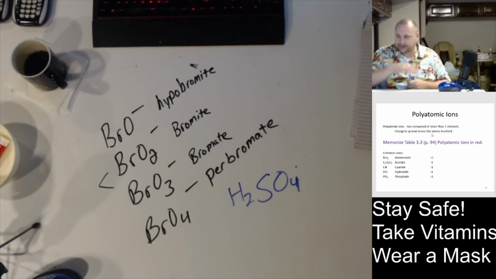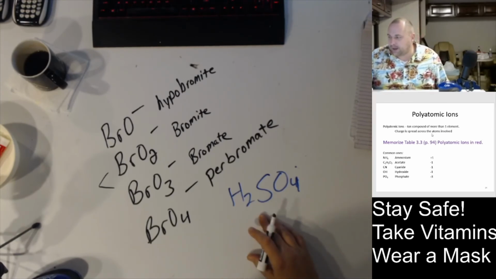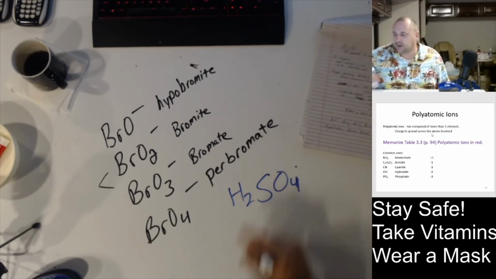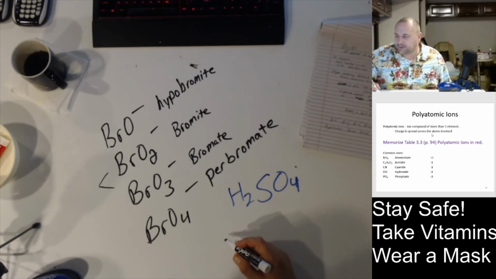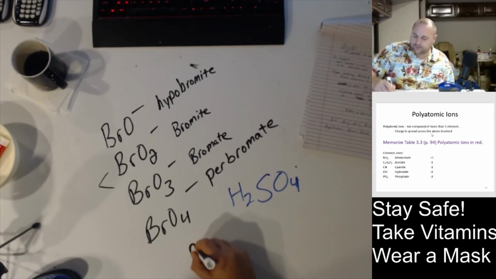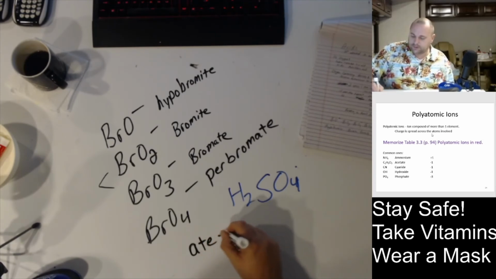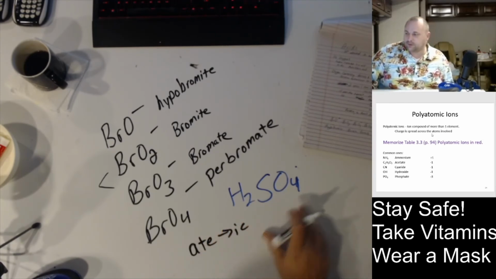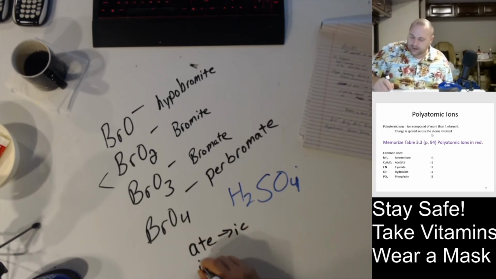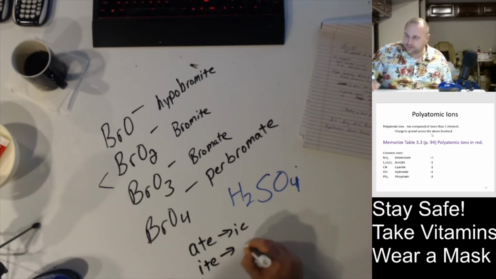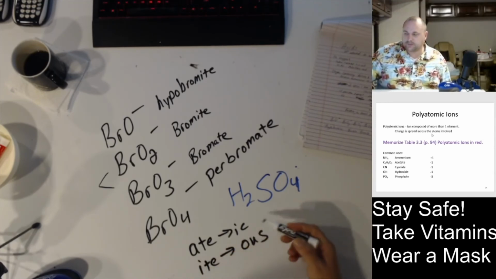But here's how we tell that that's going to be sulfuric acid. If it has an ate, then that becomes ic, and then you'll have your acid, and ite goes to ous.